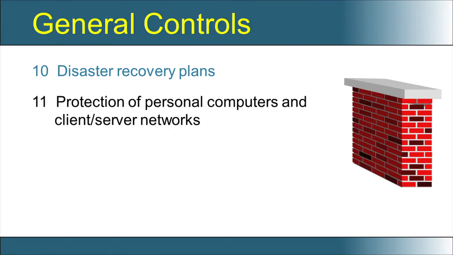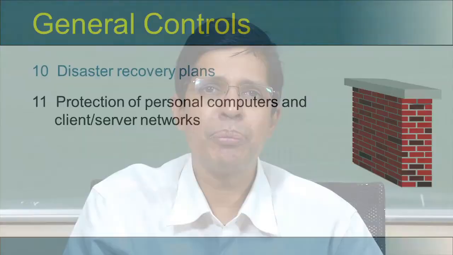And last but not the least is the protection of personal computers and client/server networks, which is very important, because many organizations that use IT have a client server model, and these clients and servers should be protected.